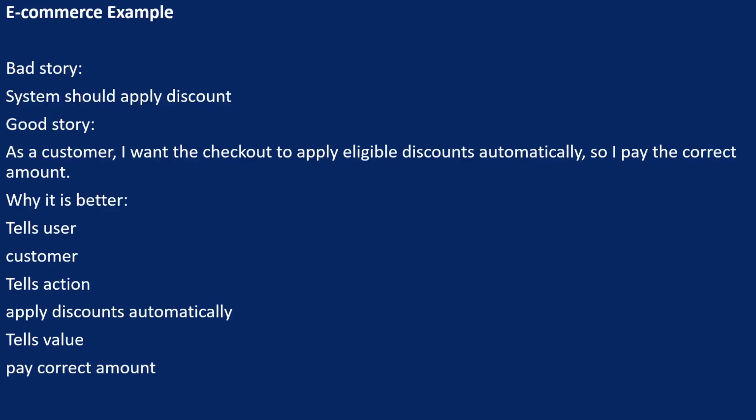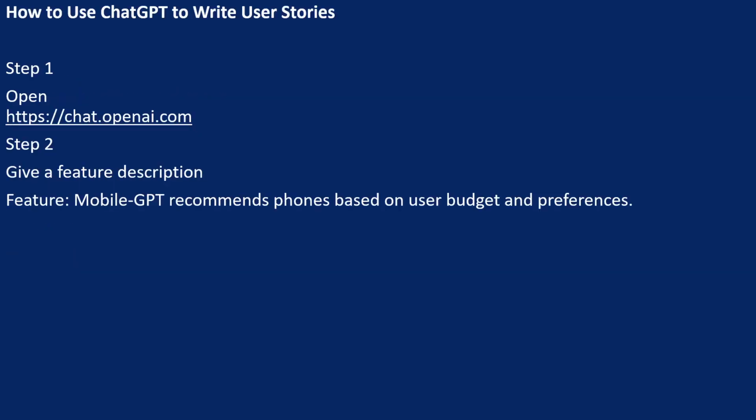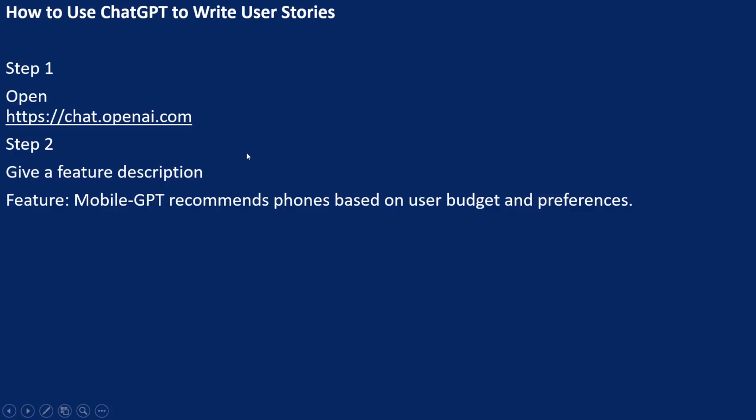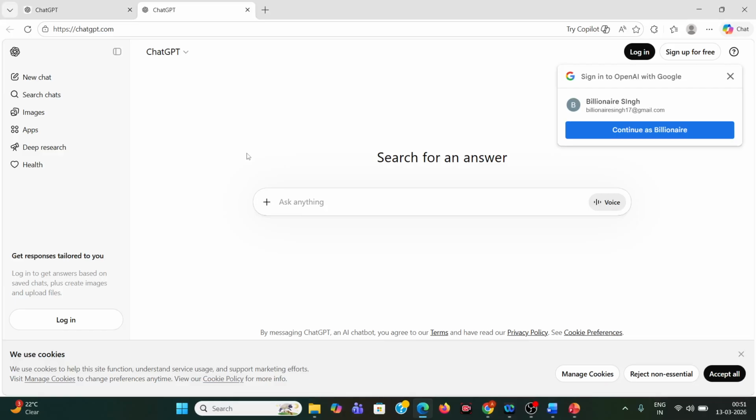Fine. Now, how to use ChatGPT to write user stories? Simply, I'm going to open ChatGPT. Now I will give it the feature description.